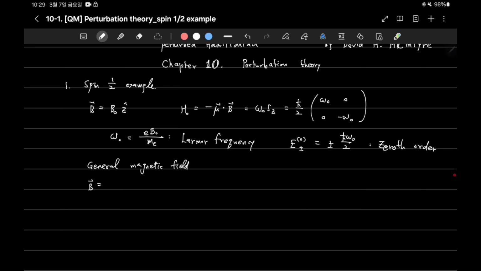We assume that B0 z is associated with the exactly solvable Hamiltonian, and B1 z is the additional magnetic field, and B2 is on the other axis.